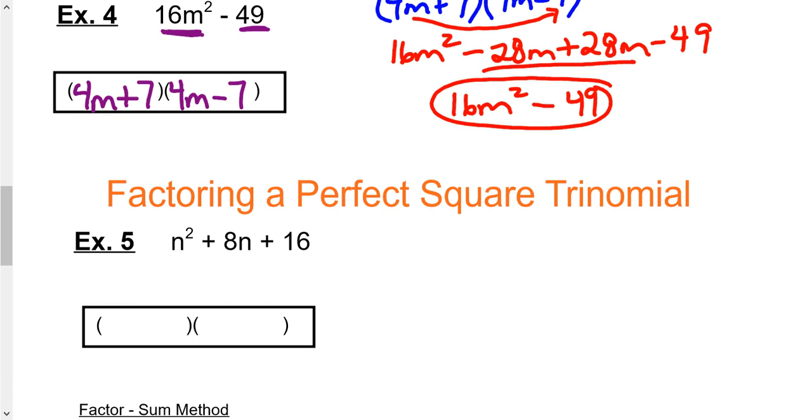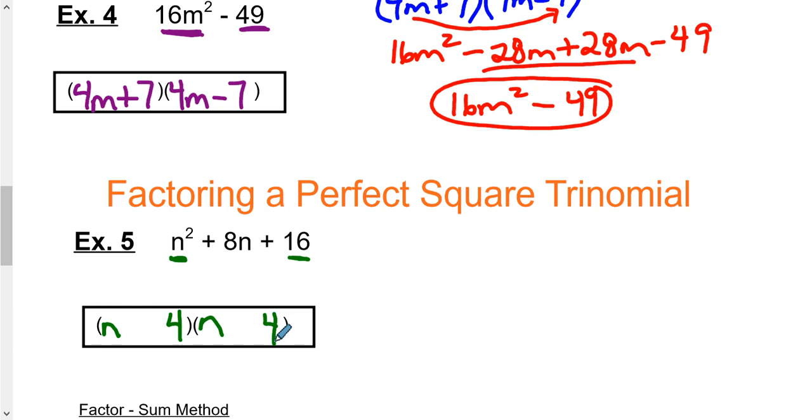If we notice that the first term and the last term are perfect squares, and we see that n squared is a perfect square, so we're going to say n and n. Okay. And then we know that 16 is a perfect square, so we're going to say 4 and 4.